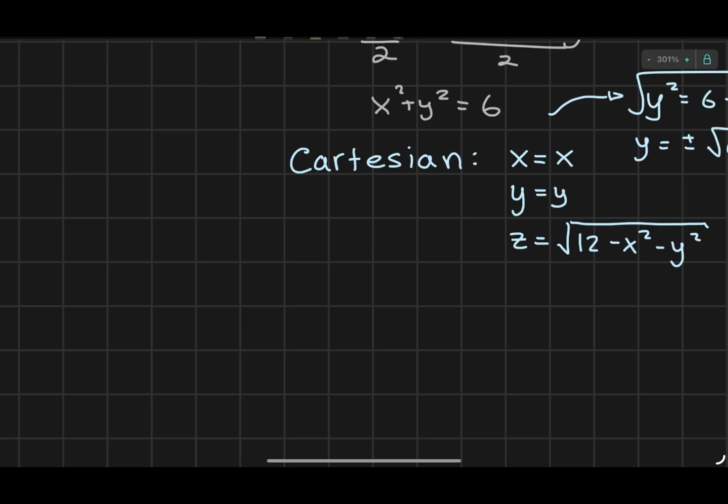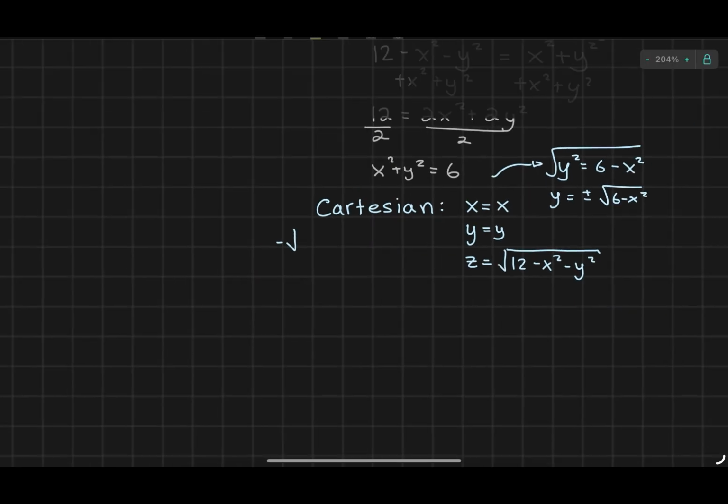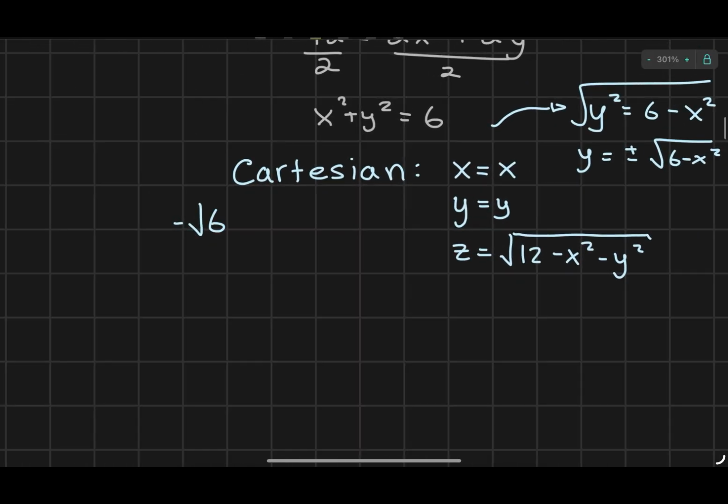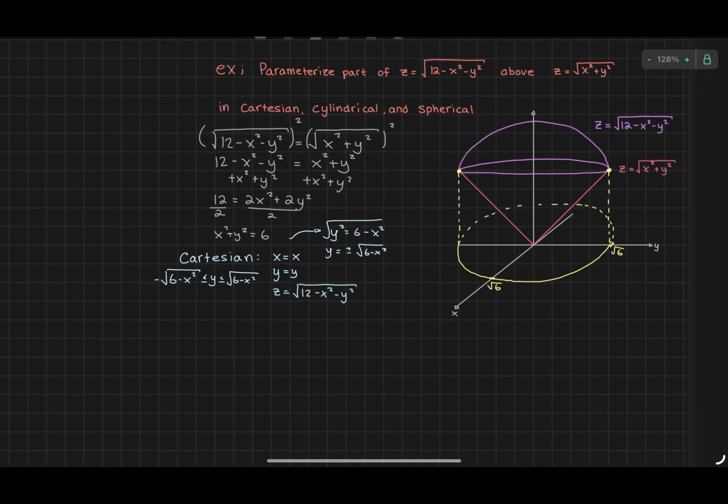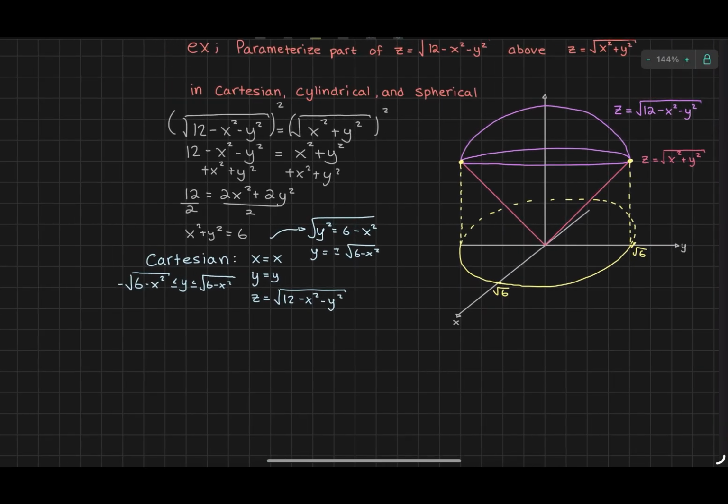So we're going to have the negative square root of 6 minus x squared less than or equal to y is less than or equal to the positive square root of 6 minus x squared. And then as I said prior, our x is going to be from negative square root of 6 to the square root of 6.